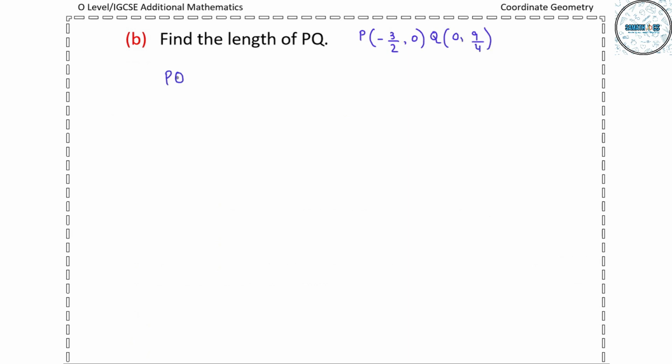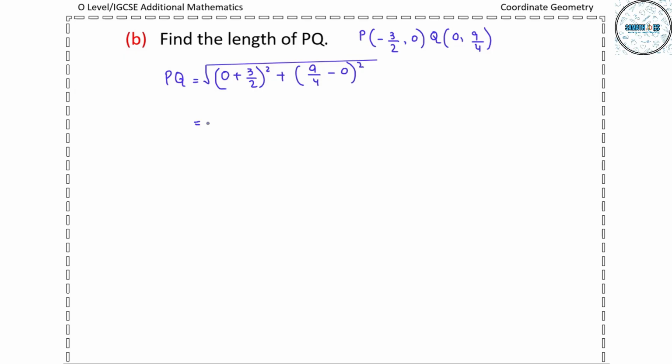PQ is equal to under root x2 minus x1, 0 minus 3 upon 2 will become 0 plus 3 upon 2 whole square, plus 9 upon 4 minus 0 whole square.